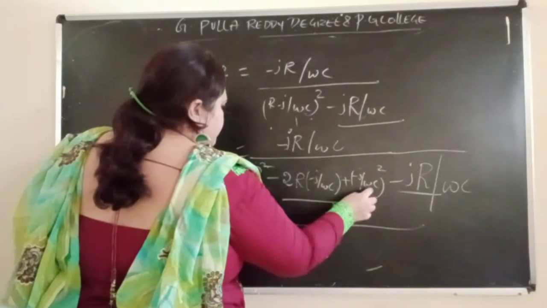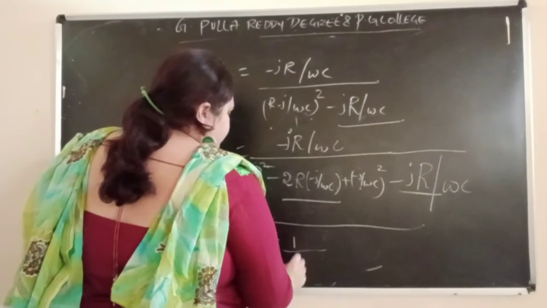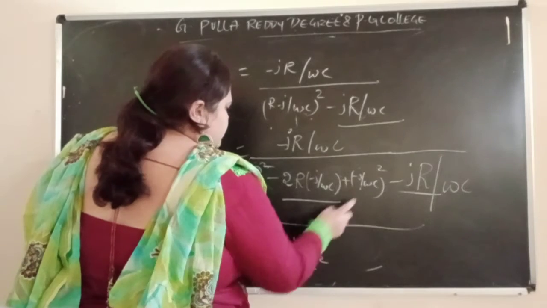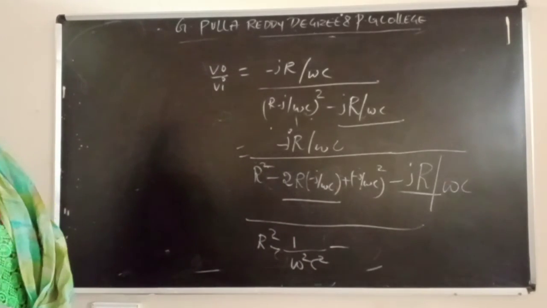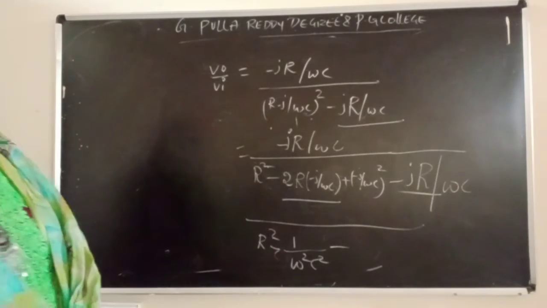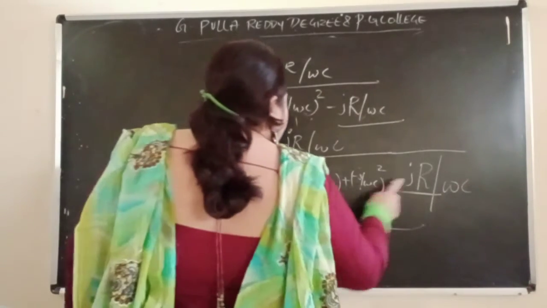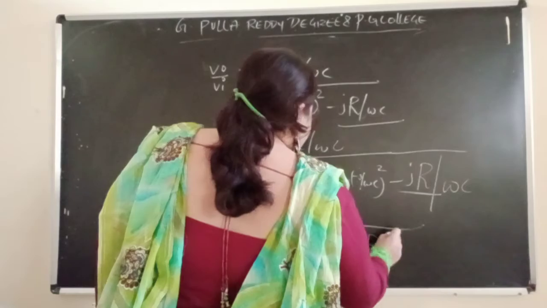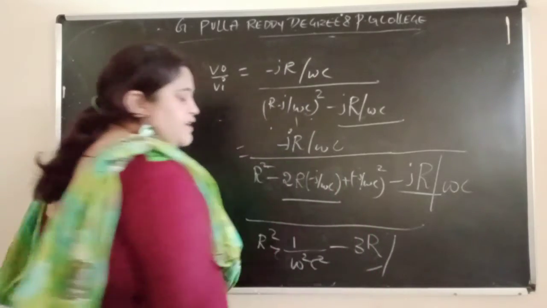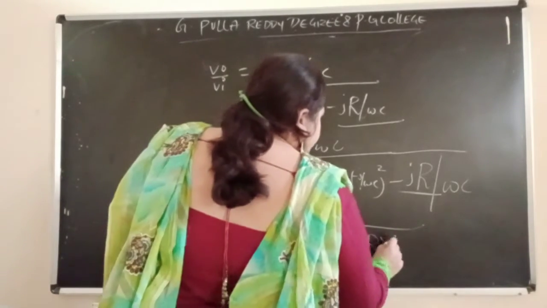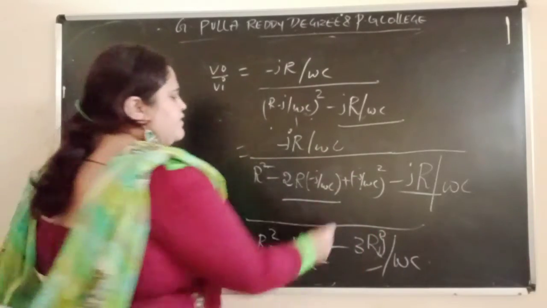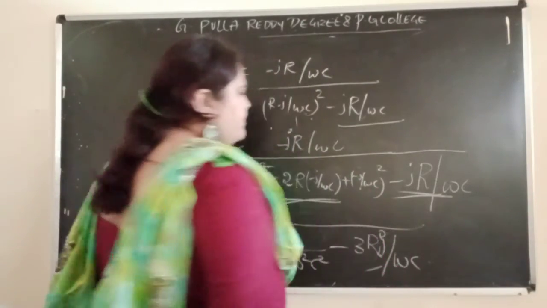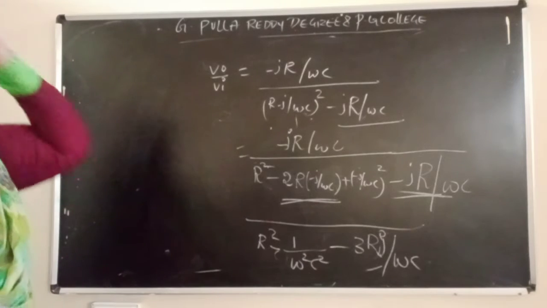Here the square means 1 by omega square C square. Then you can write minus, because minus into minus is plus. Then 3 R j by omega C, this is 1, 2, 3, plus. You will get this.